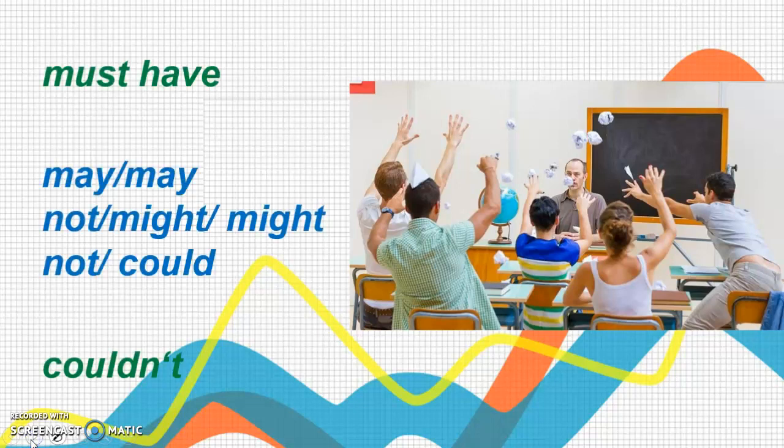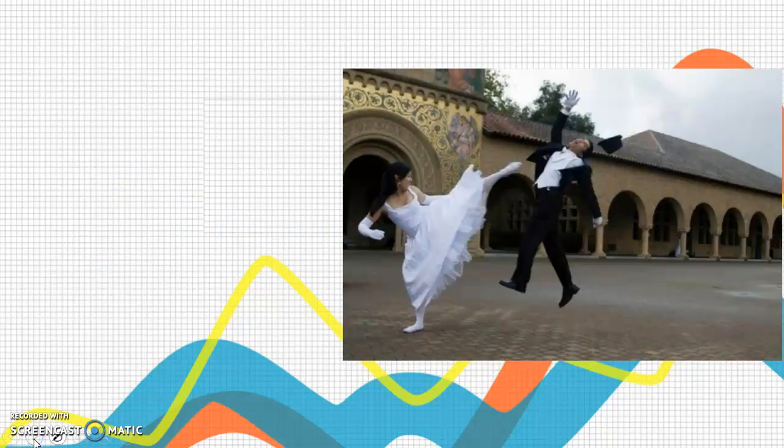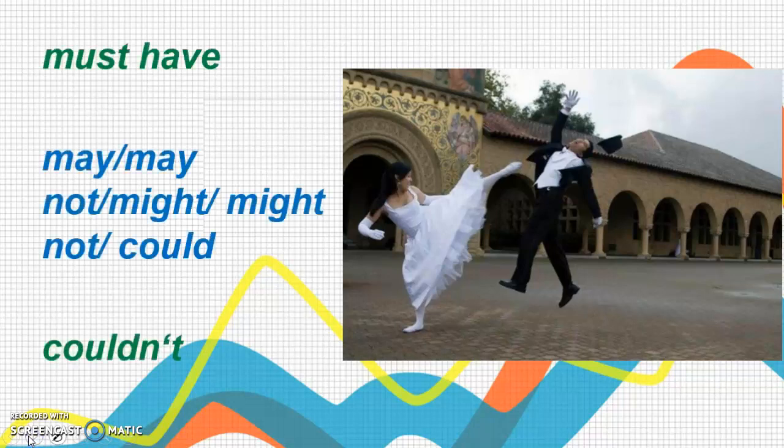Must have, may not have, might not have, could have, or couldn't have. And the last picture. Deduce, please. What happened? Use the modal verbs must have, may not have, might not have, could have, or couldn't have.